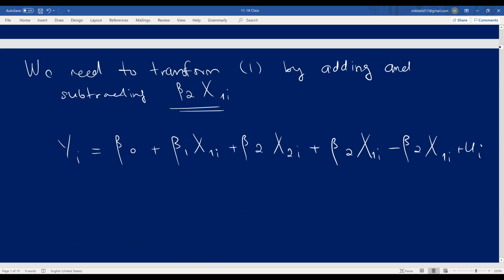We have to rearrange. So let's combine these two terms together and also combine those two terms together.